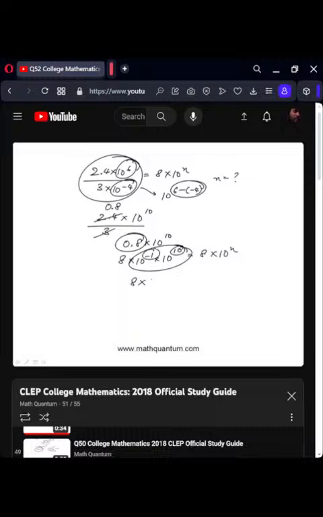So 8 times 10 to the 9 is 8 times 10 to the n, which means n is equal to 9. Answer choice B.